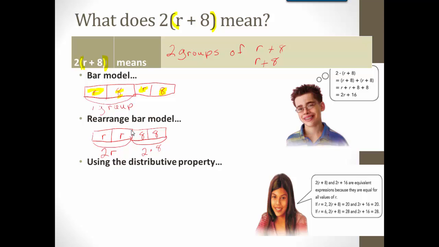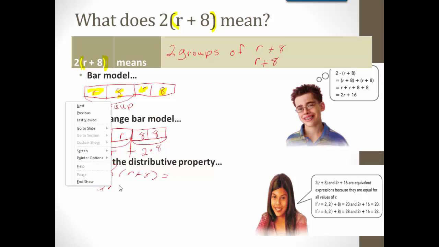And we're adding these together. So using the distributive property now we're going to do 2 times r plus 8 equals 2 r plus 2 multiplied by 8.